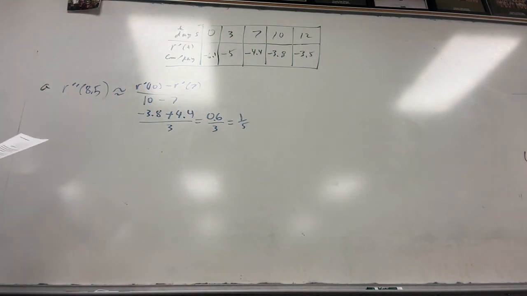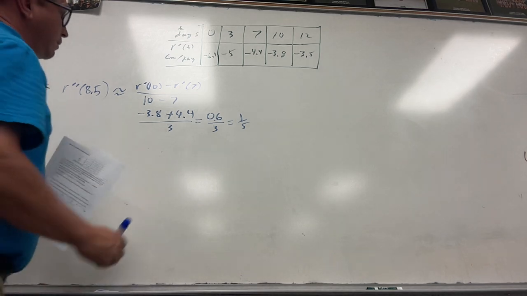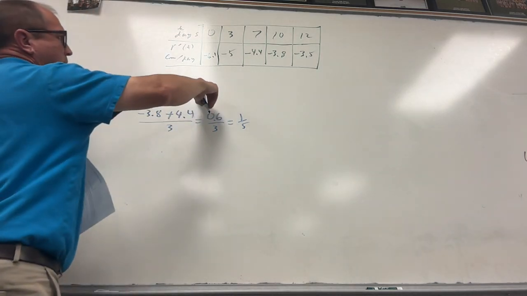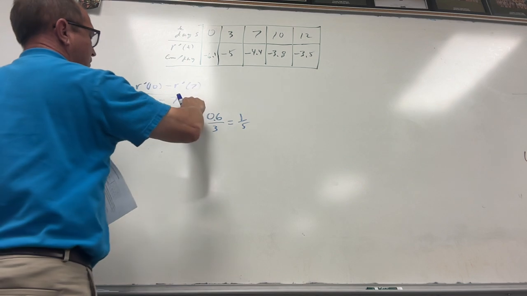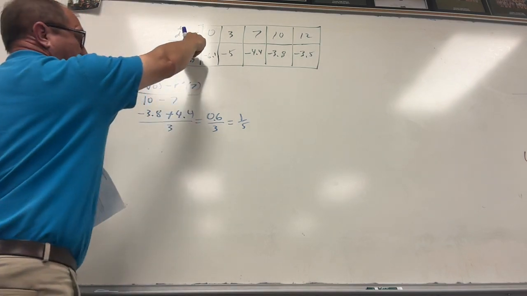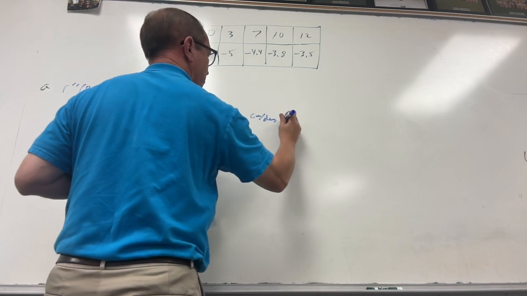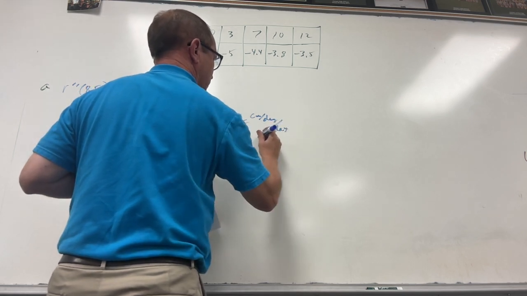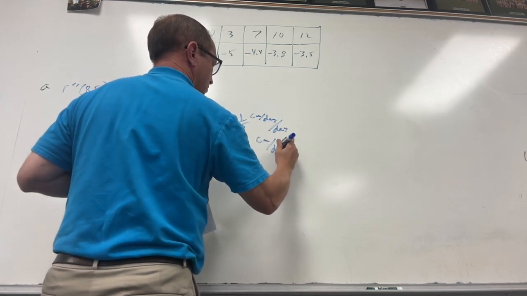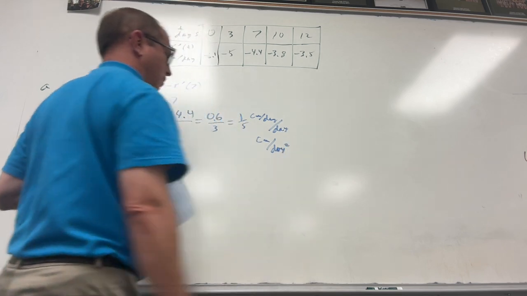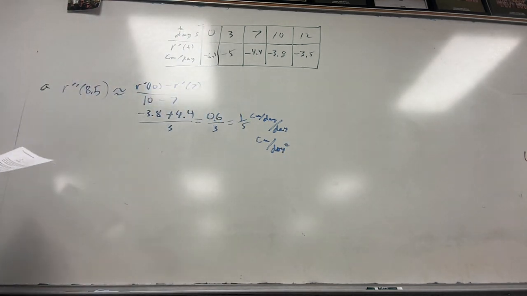So 1/5 is our value there, and the numerator's units are centimeters per day, and the denominator's units are days. So it's centimeters per day, or if you did centimeters per day squared, that would be sufficient as well.